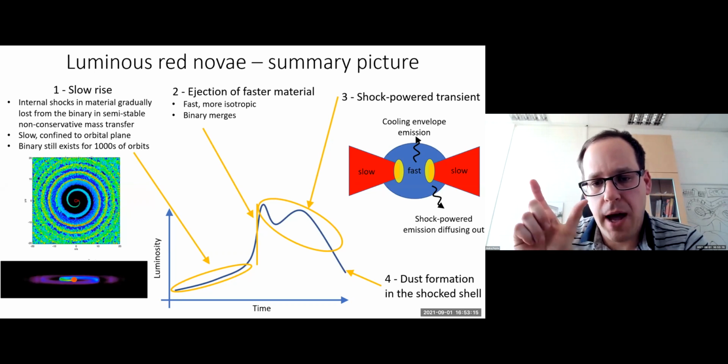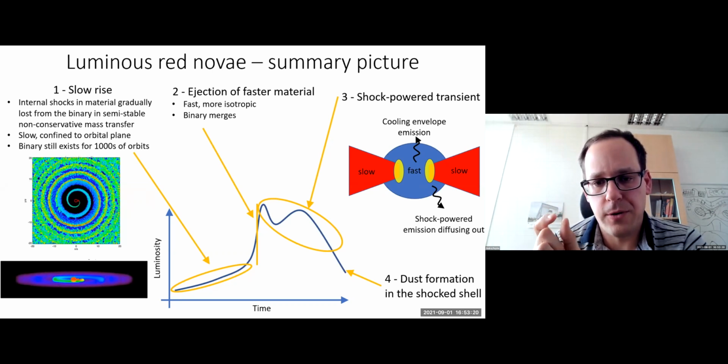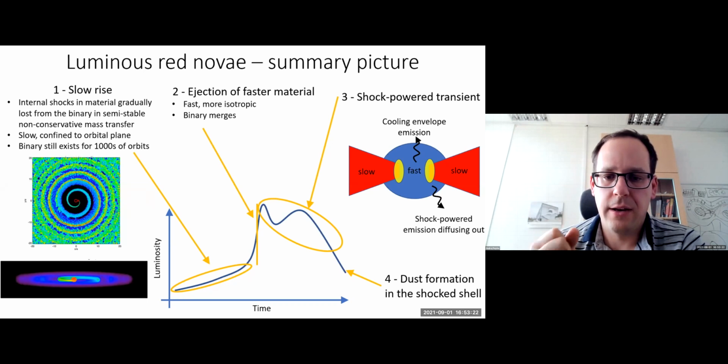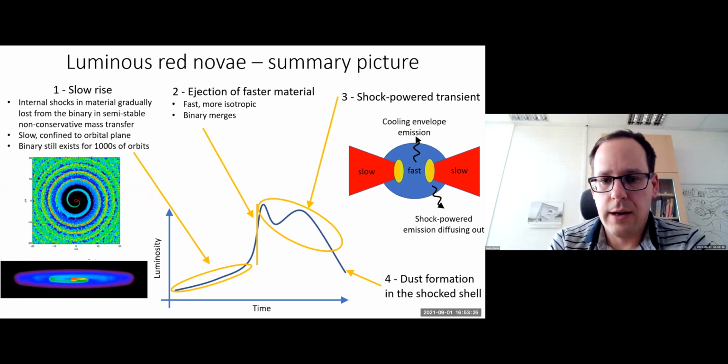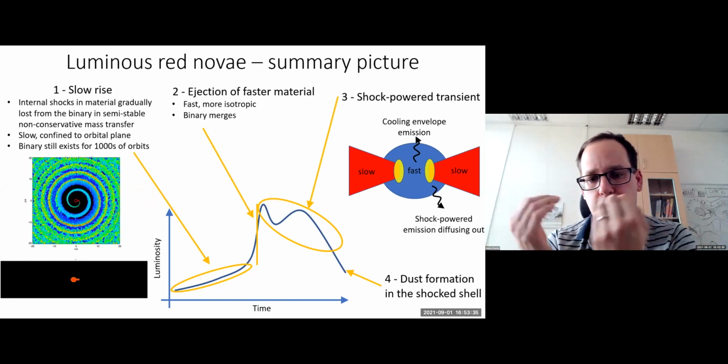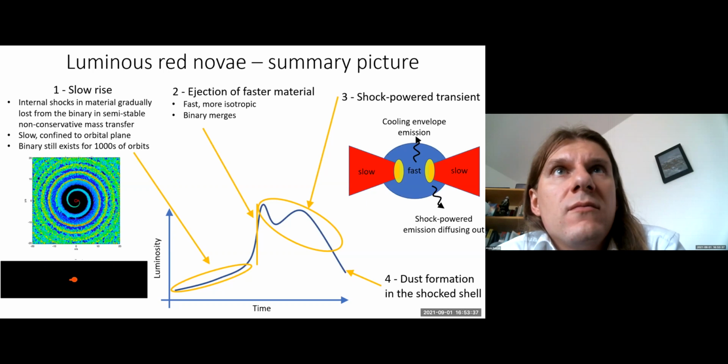But then the binary merges and the physical scale becomes much smaller. The companion plunges in and the velocity will be faster. As a result, you have a later ejection of faster material and a previous ejection of slower material. These two components collide, and there is a velocity difference.